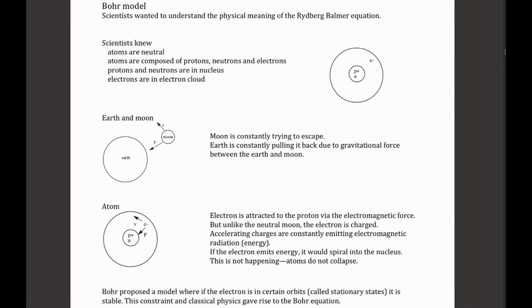This constraint and classical physics gave rise to the Bohr equation.